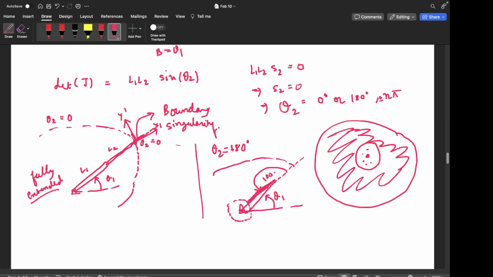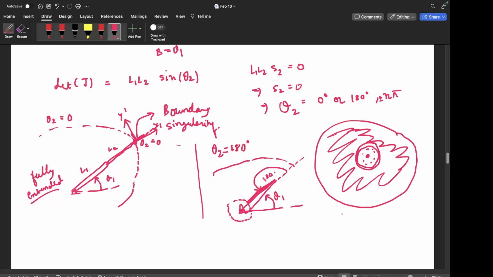So these points can't be reached, right? And this boundary is where theta 2 is 180 degrees. So that's again the inner boundary of the workspace for this manipulator. Similarly, there also you lose 1 degree of freedom. You can't move normal to this circular curve. You can just move in the tangential direction to the circular curve there.